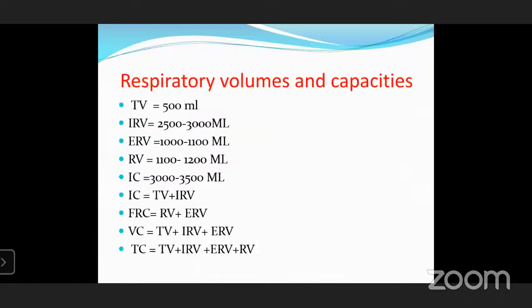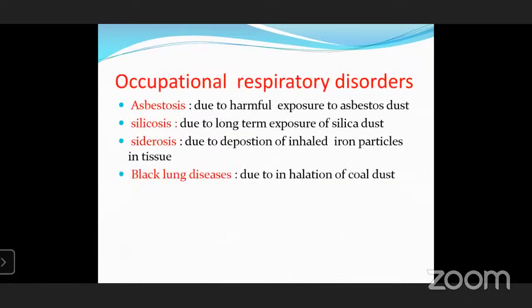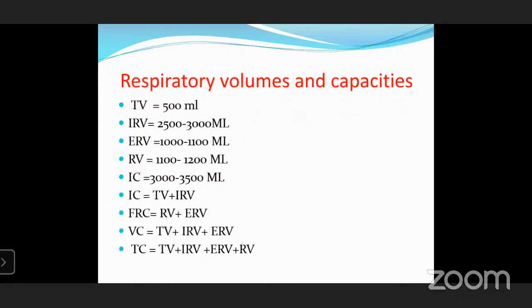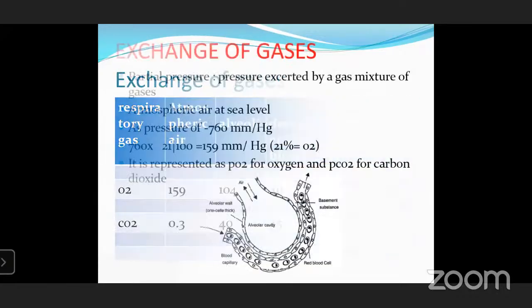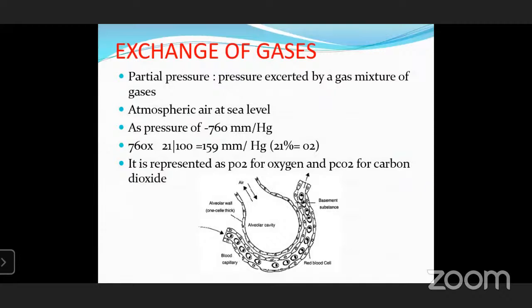The exchange of gases also occurs between the blood and tissues. So the oxygen and carbon dioxide are exchanged in these sites, between the lungs and alveoli and blood and tissues. In these places, the exchange of gases takes place.